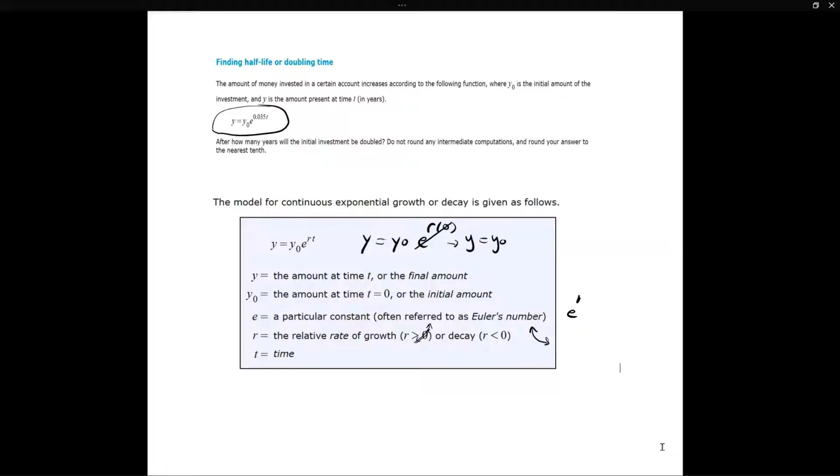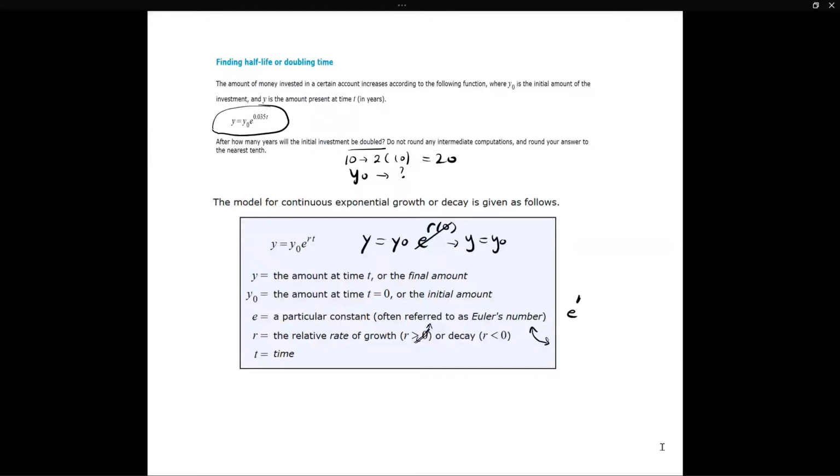So for the question, it would ask either half-life or doubling time. In this case, after how many years will the initial investment be doubled? We know if something is doubled it means twice. So if something is 10, doubled means 2 times 10, which is 20. If y0 is the beginning, what does it mean when it's doubled?